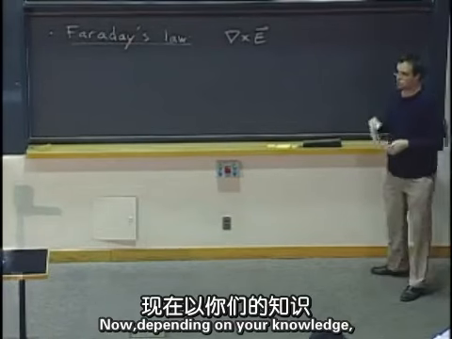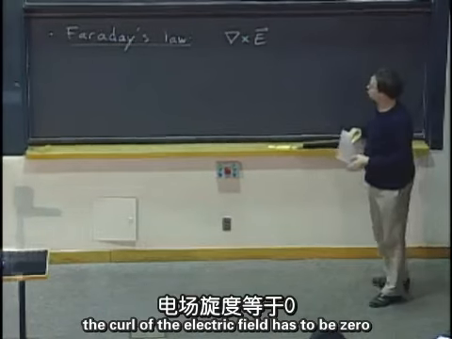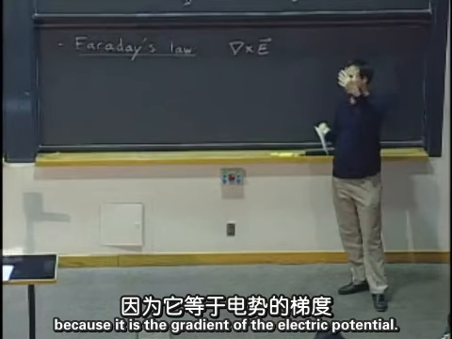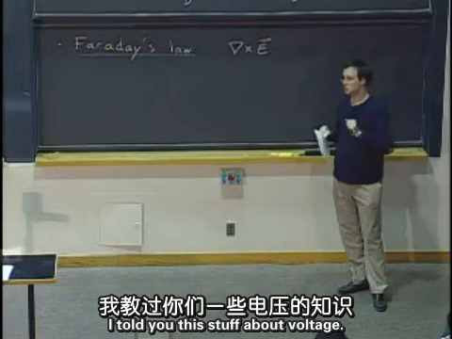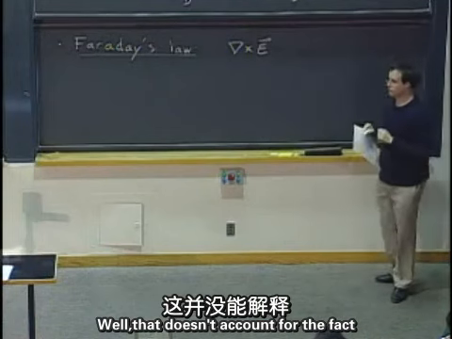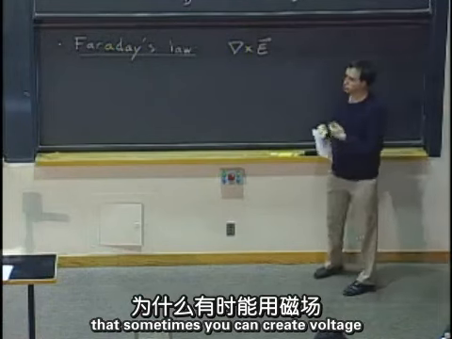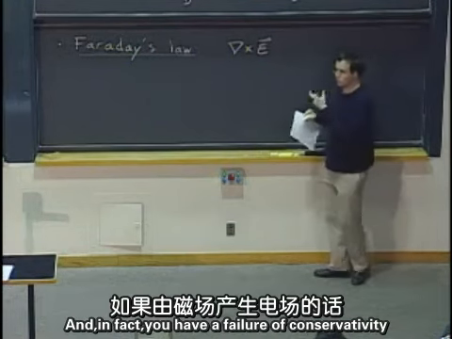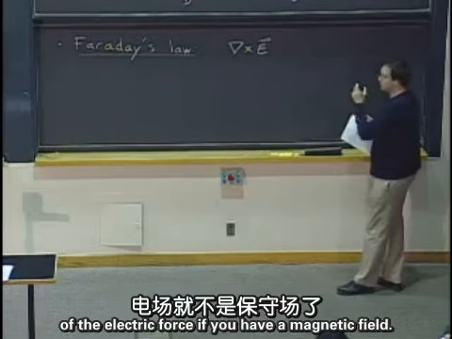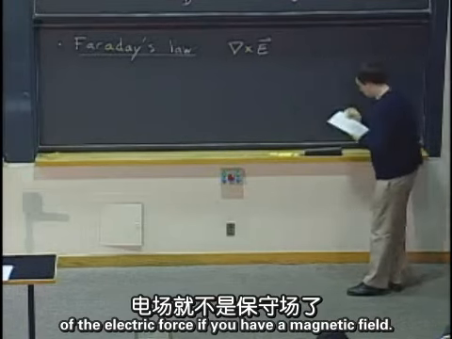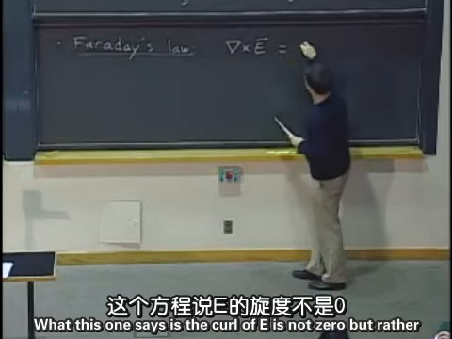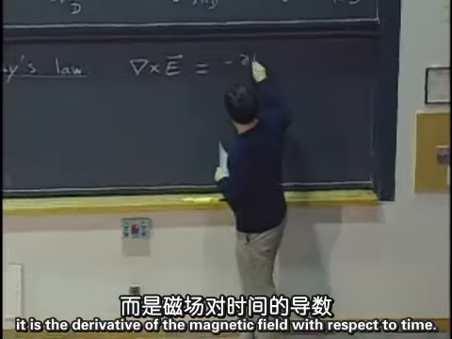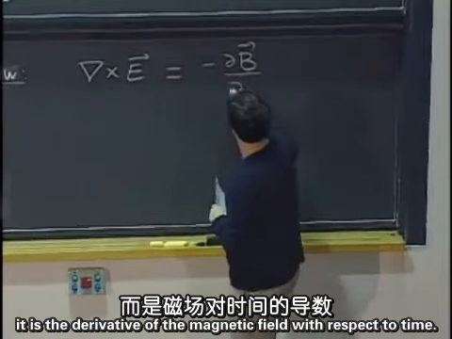So now, depending on your knowledge, you might start telling me, well, the curl of the electric field has to be 0 because it derives from, actually, it's the gradient of the electric potential. I told you this stuff about voltage. Well, that doesn't account for the fact that sometimes you can create voltage out of nowhere using magnetic fields. And in fact, you have a failure of conservativity of the electric force if you have a magnetic field. So what this one says is actually the curl of E is not 0, but rather it's the derivative of the magnetic field with respect to time.